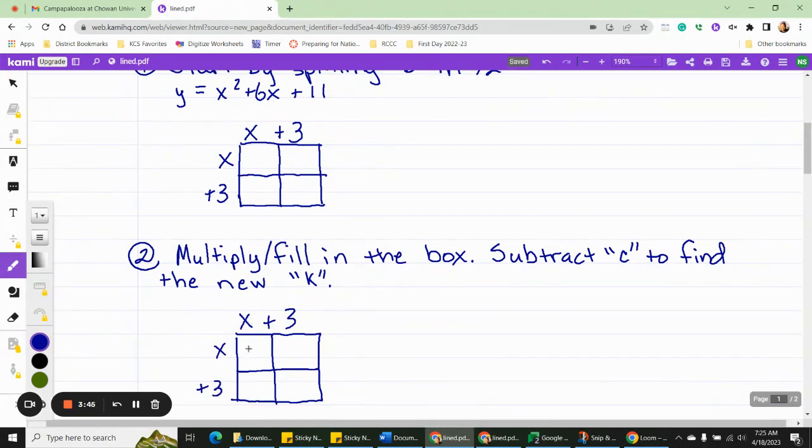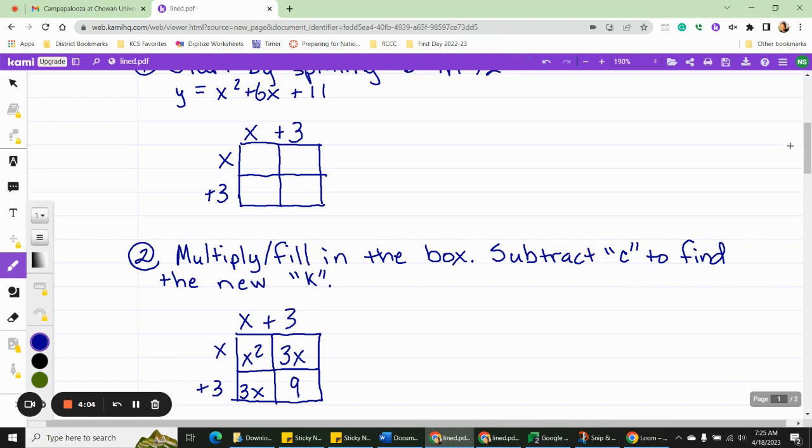So x times x is x squared. x times 3 is 3x. 3 times x is 3x again. And 3 times 3 is 9. Okay, so I did this part. Now I'm going to subtract that original c value to find the new k.